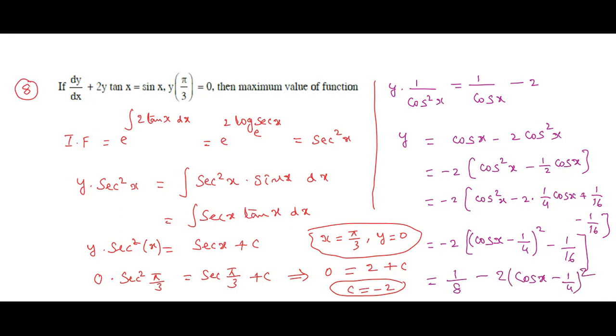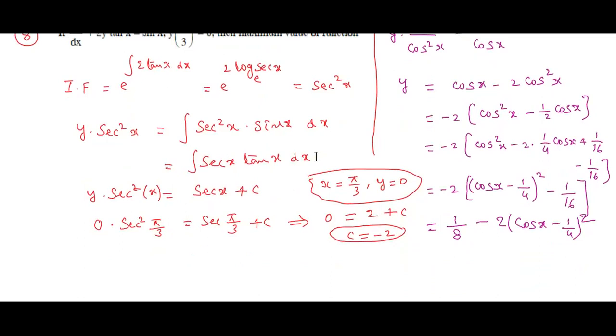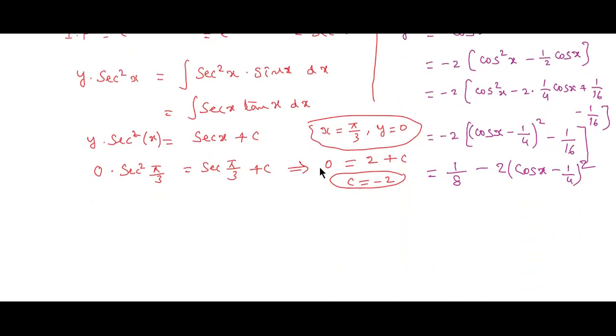Here we need to find the maximum value. We know that cos x minus 1 by 4 whole square value lies between 0 to 1, or not. In front of this, minus 2 is there.